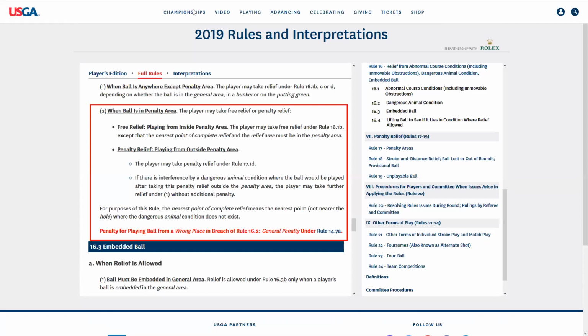And it doesn't make sense to require the player, if the alligator is right by the edge of the penalty area, to drop a ball within 5 feet of the alligator so that you can then take relief again. So there's no clarification from the WSGA on this, but I assume that they would say, if pressed, that you do not have to physically drop it within the 2 club lengths, endangering your own safety, so that you can then take it someplace else. So you would estimate the spot, and then take relief.